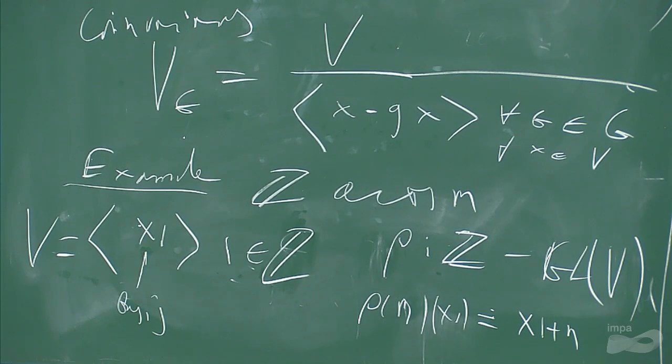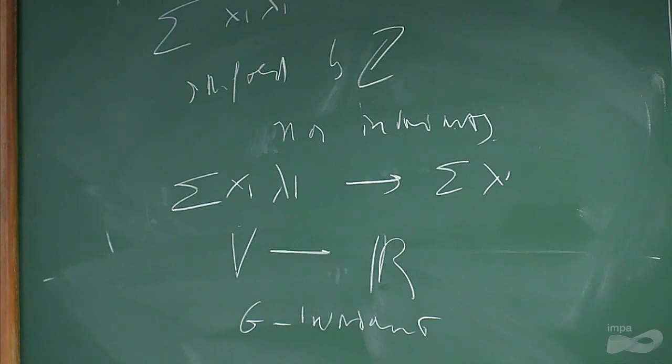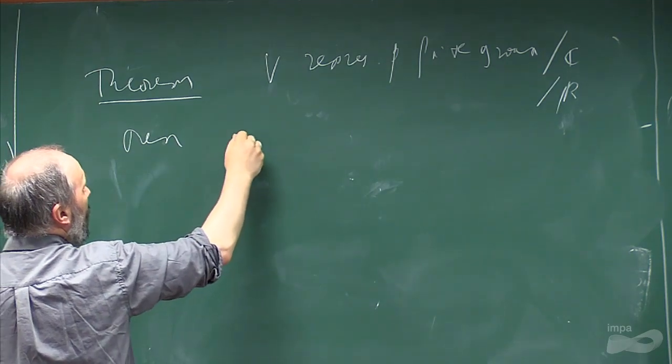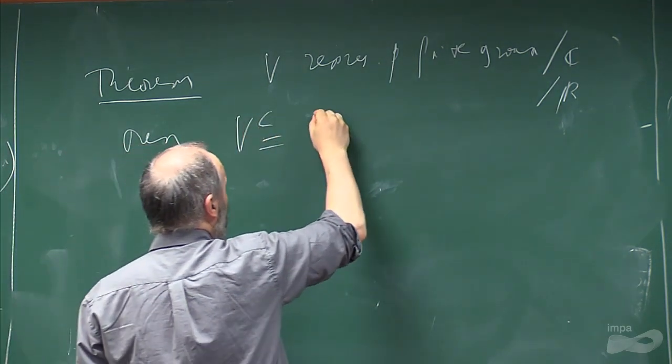Okay, now the important thing is that they are not, in fact, different for finite groups. Again, over C it's true, it's true only in characteristic 0. It's false in characteristic P. So theorem: suppose that V is a representation of a finite group over C or over R, and again finite dimensional, then the invariants are the same as the co-invariants.